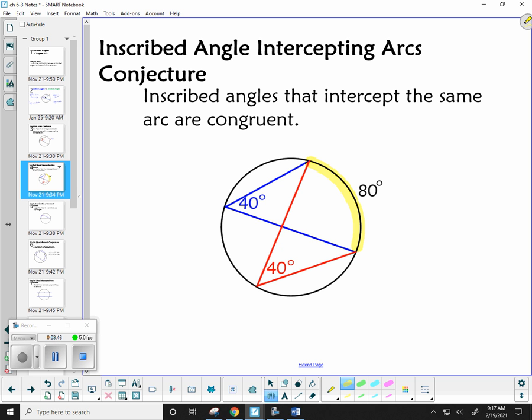We just learned that the measure of the inscribed angle is half of the intercepted arc. So if they're both opening to an 80-degree arc, then they're both going to have to be 40 degrees. Okay, so that makes sense logically. Therefore, if you have two inscribed angles that open to the same arc, then the angles have to be congruent.